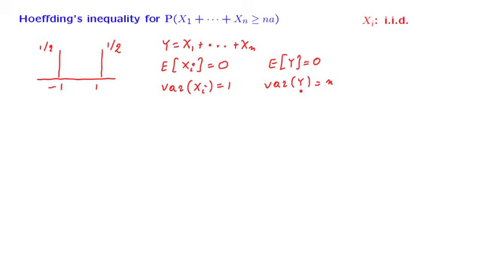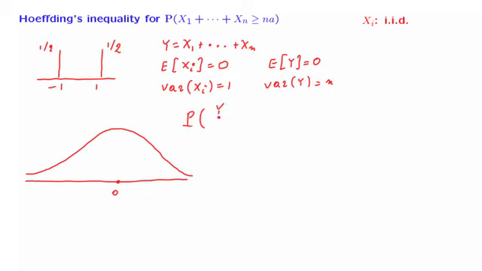Now, what do we know about the random variable y? By the central limit theorem, y has an approximately normal distribution. The distribution is centered at 0. And also, the random variable y over square root of n, this is a standardized random variable, so it's approximately normal.